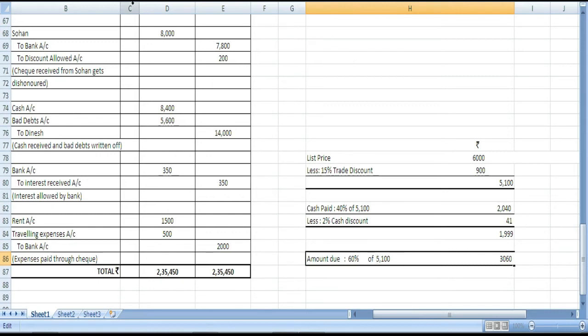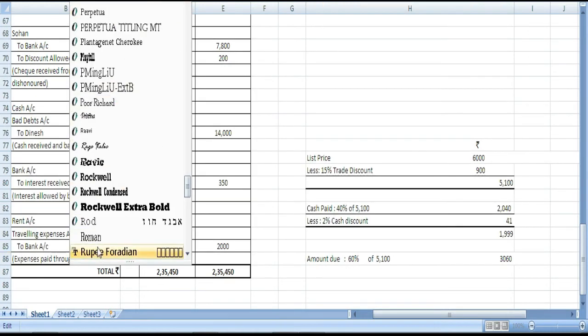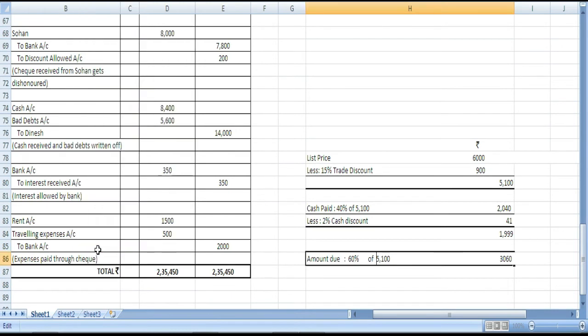So here the cash payment will be done 40% and the discount will be given only on the cash payment, that is 2% on 2,040 rupees, and the remaining, that is 60% of 5,100, that is 3,060 rupees, is still due to be paid.